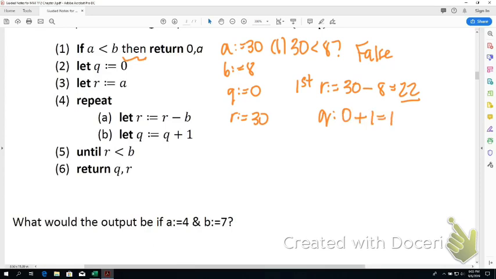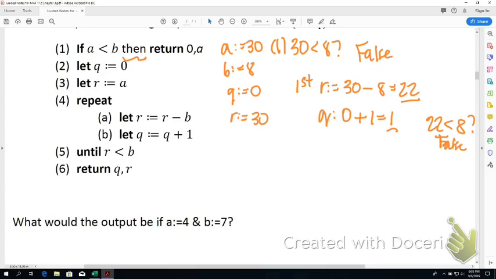So we get 1. So Q is now 1. And then am I going to go back up and repeat this? So I look at the until statement. So R, which is 22, so is 22 less than B. B is 8. So this is false.